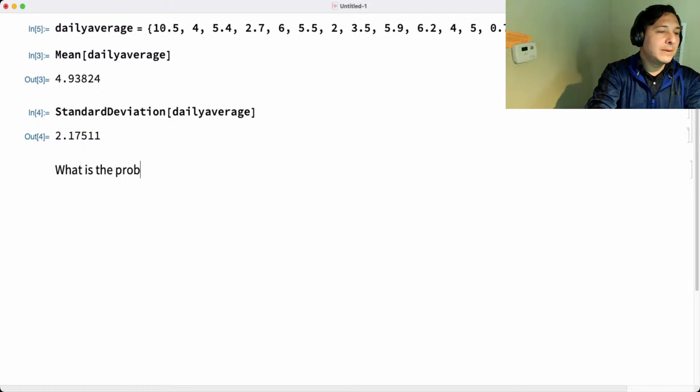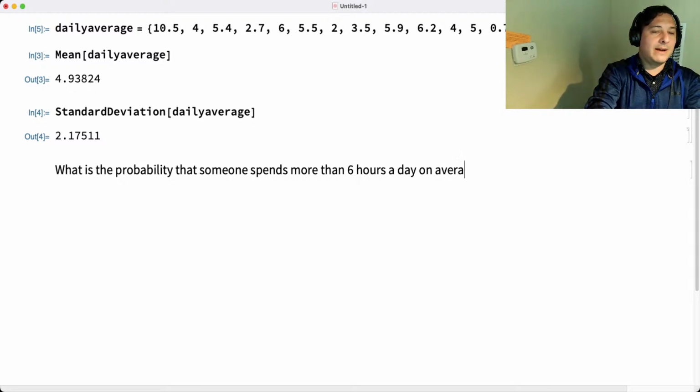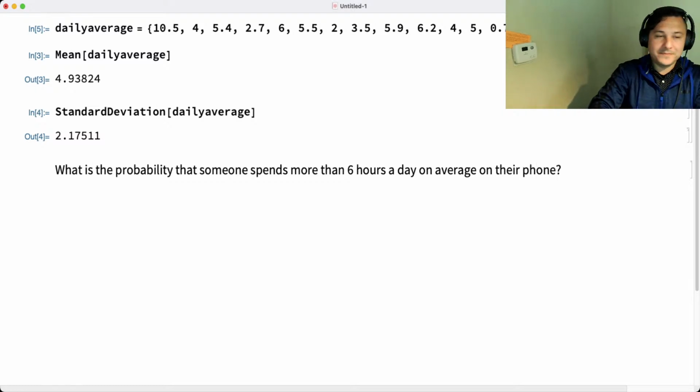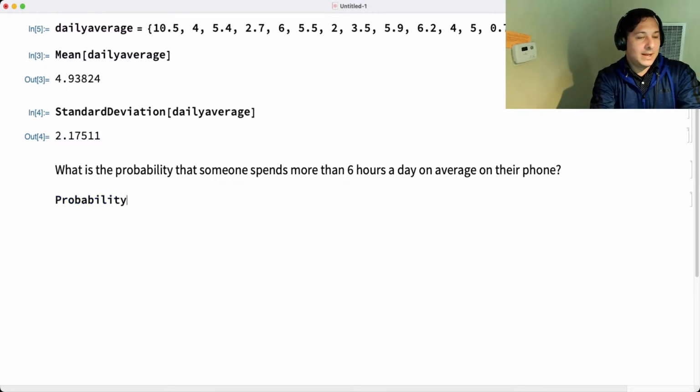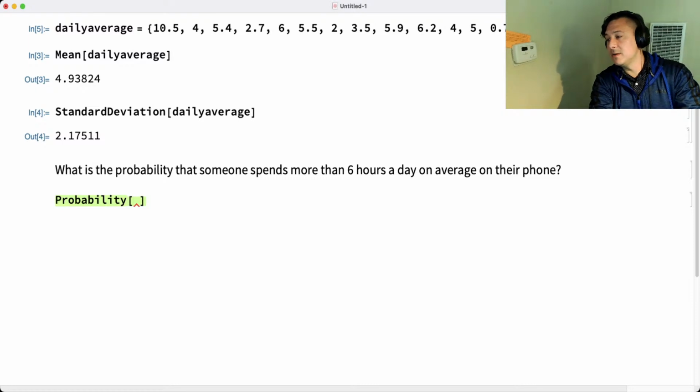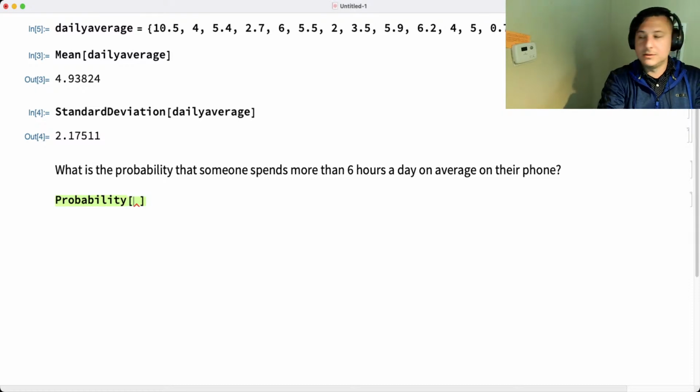Okay, cool. So we can start asking ourselves questions such as, what is the probability that someone spends more than 6 hours a day on average on their phone, according to this? So we use the probability command. Okay, what should we use as the variable for the amount of time that the person spends on the phone? Like, what should we call this variable?